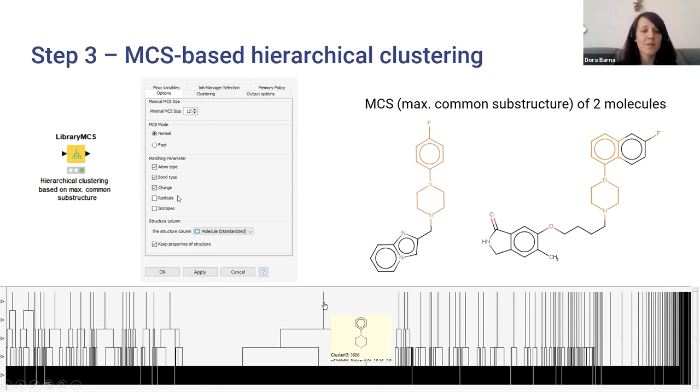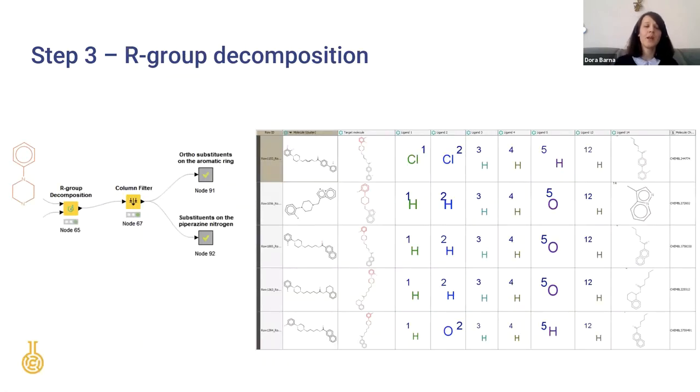And we can also specify what kind of features of the molecules should be matched during the MCS search. And as a result of this clustering and the following extraction of the top-level cluster molecules, we will be able to identify a scaffold molecule that appears frequently in the input data set.